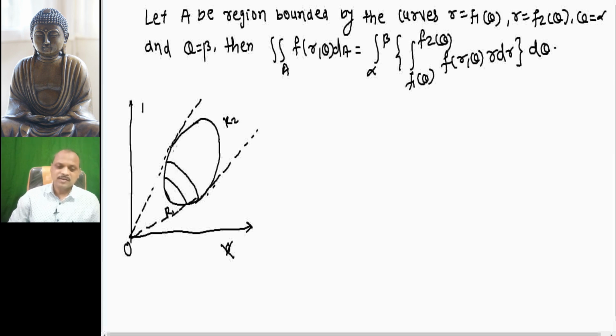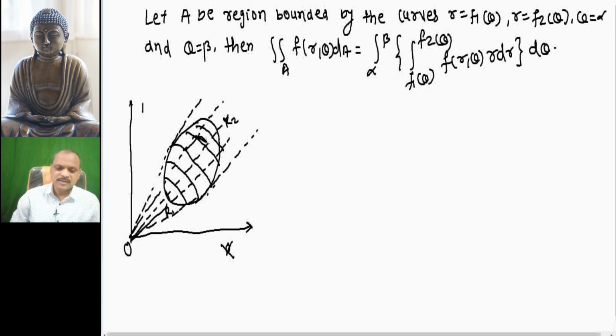This is done by taking the radii, making different angles.